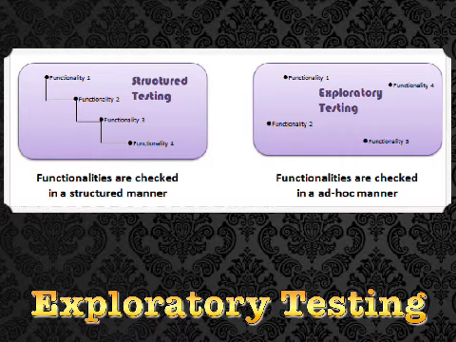On the left, you can see a structured testing procedure where the functionalities are checked in a structured manner. So one by one, you go through a set of test cases where you check functionality by functionality whether it is working in your software or not. In exploratory testing, we start checking functionalities in an ad hoc manner that we can see on the right side.